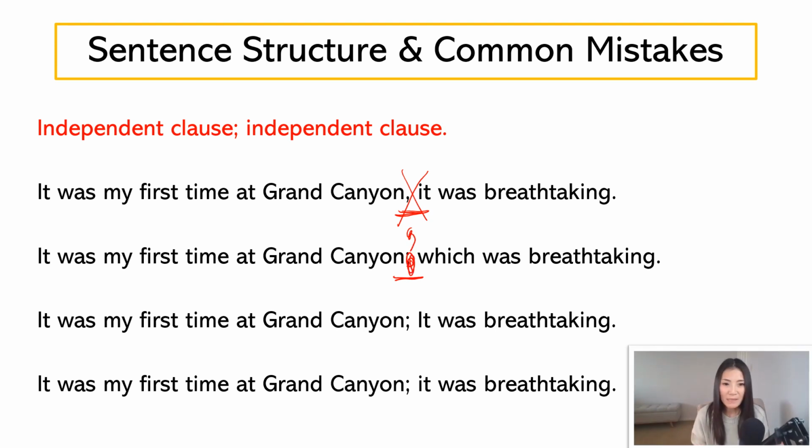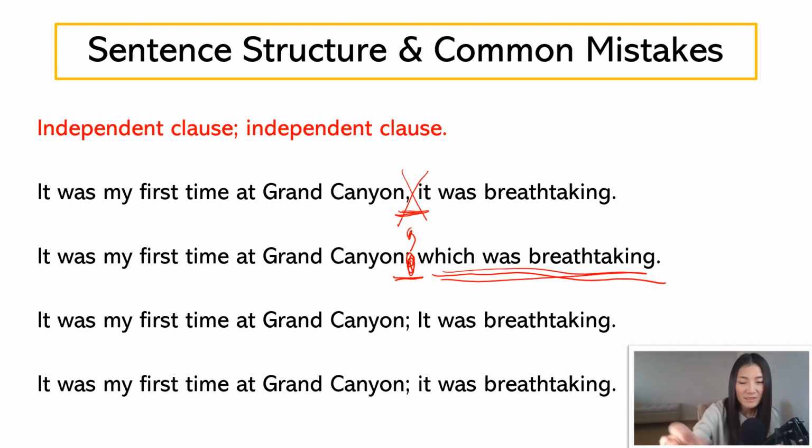"It was my first time at Grand Canyon, which was breathtaking." That's perfect. "Which was breathtaking" is not an independent clause. Therefore, it cannot come after a semicolon, right? So a semicolon cannot be used in this sentence because, like I said, it's independent clause, semicolon, independent clause. This is not an independent clause.